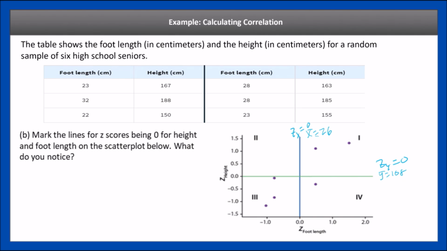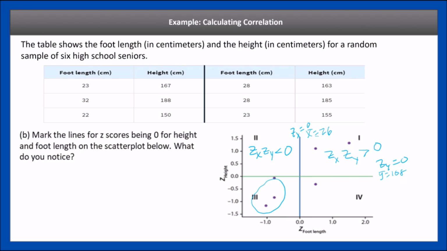Now notice that most of the points are in here and here. If you have points in quadrant 1, then these are when the zx is positive and the zy is positive. So zx times zy is going to be positive, a positive times a positive is a positive. Now, if you look at quadrant 2, the z-score for x is negative, but the z-score for the height, or y, is positive. So when you multiply them, the product is negative.